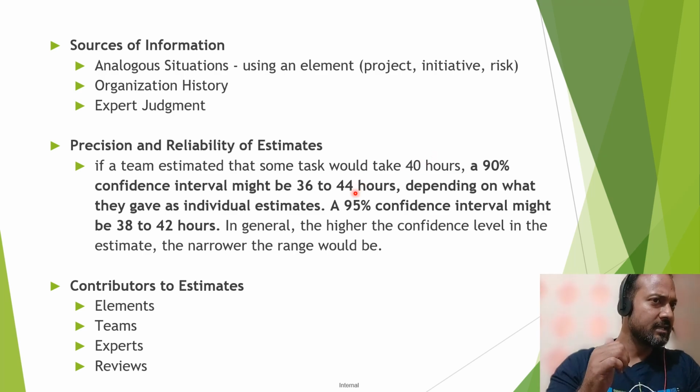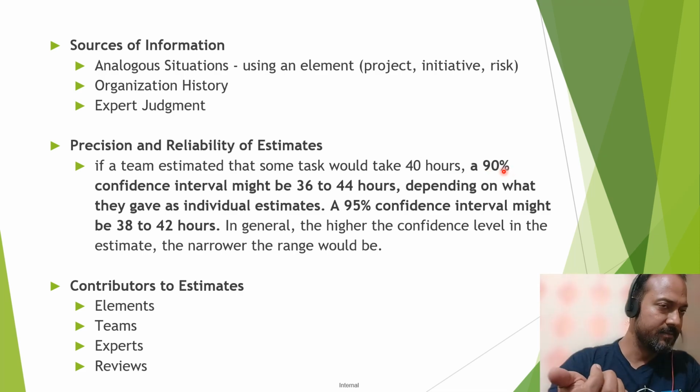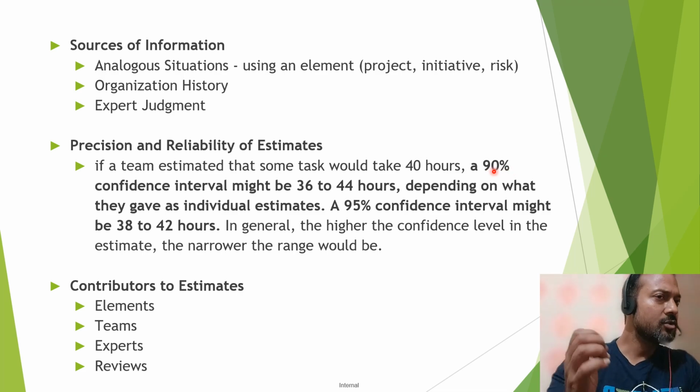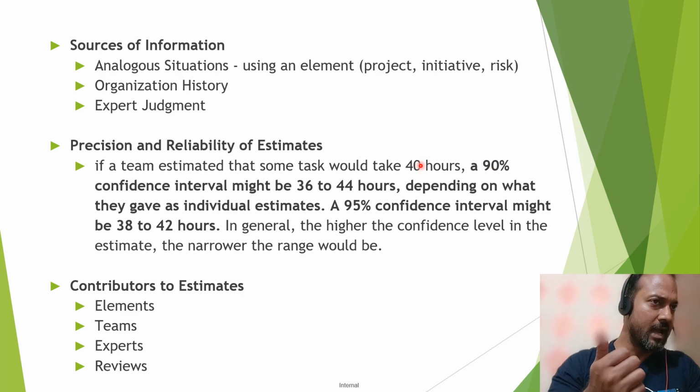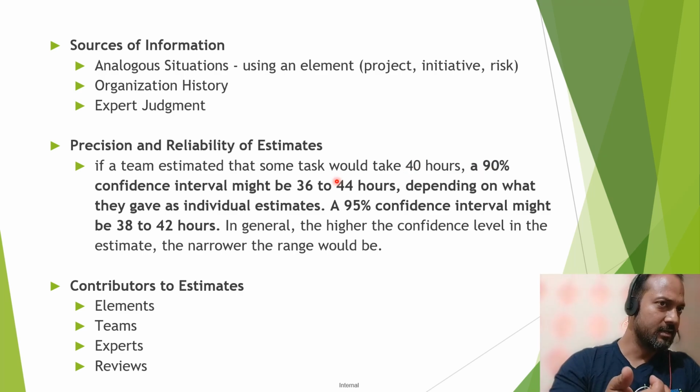So between 36 and 44 is the 90% confidence interval. You are very close to the actual estimate of 40 hours, only 4 hours difference, plus 4 and minus 4, depending on what they gave as individual estimates.